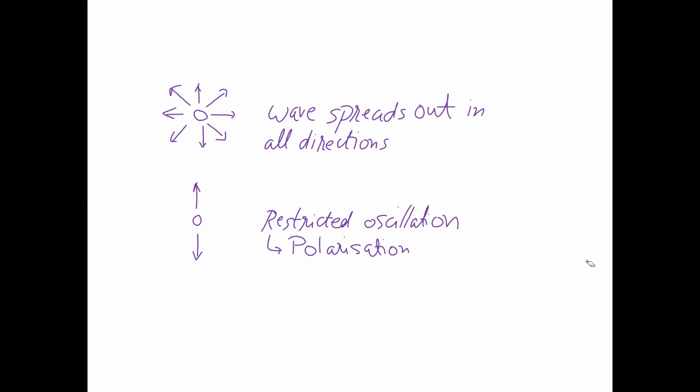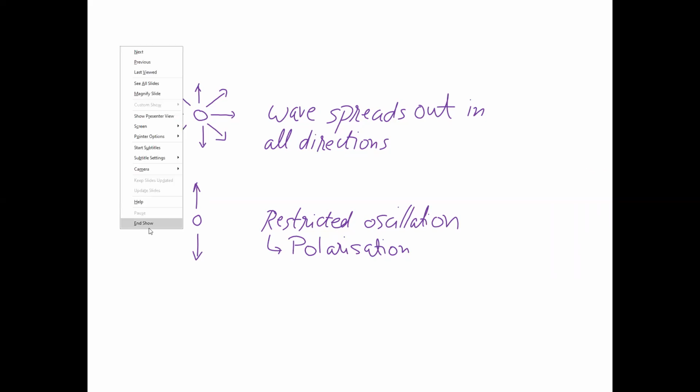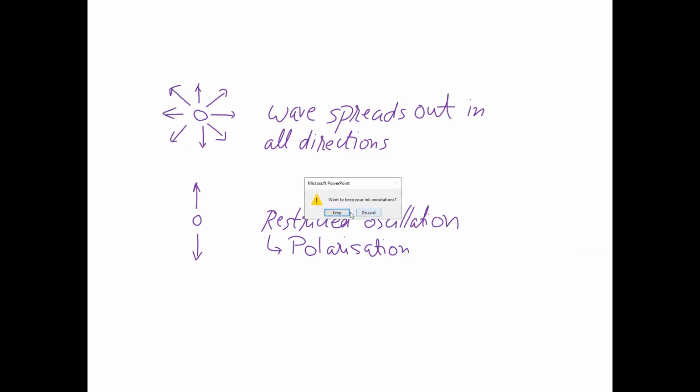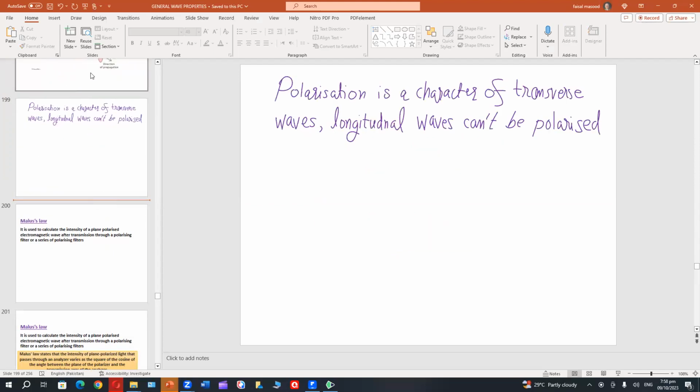When you confine a wave, you lose intensity also. So polarization of a wave decreases its intensity. Why? Because every oscillation of a wave transfers some energy.